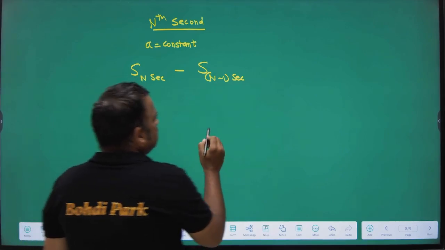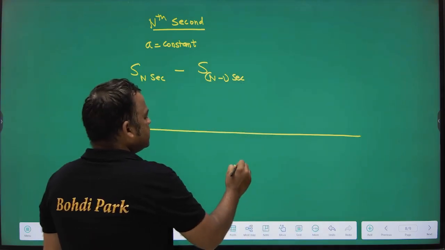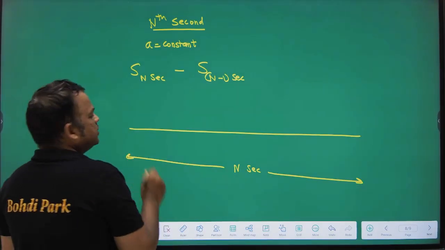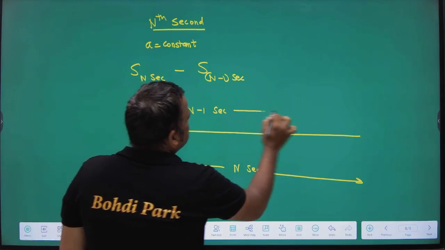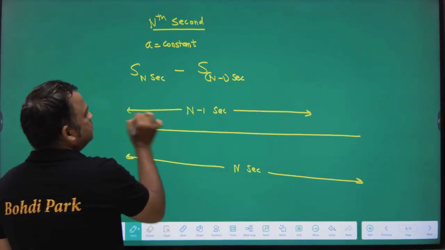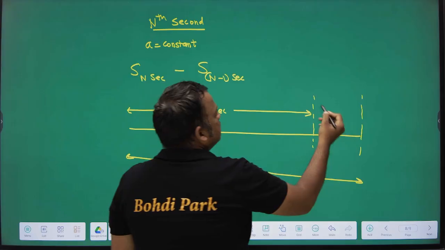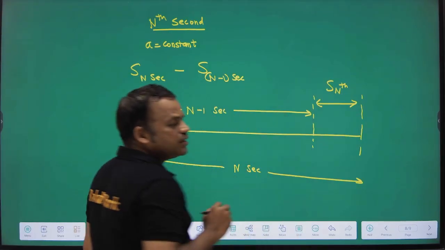For example, if total displacement in n seconds is this much and total displacement in n minus 1 seconds is this much, then the displacement in the nth second will be this much. This is known as Snth.